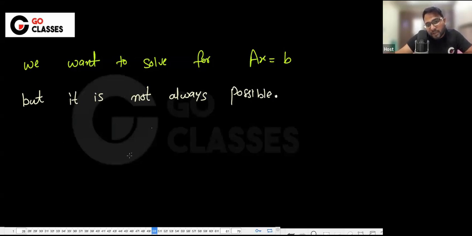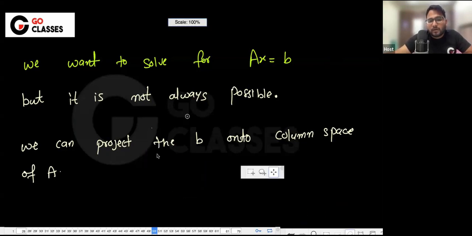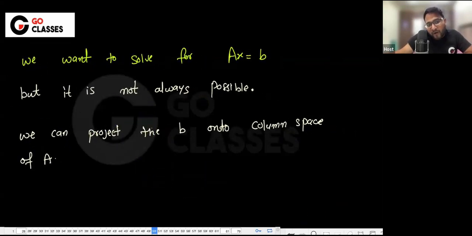So what we can do, instead of solving for Ax equal to b, is project this b onto the column space of A. Is this okay to everyone? Let me know. Now, how to find that projection?